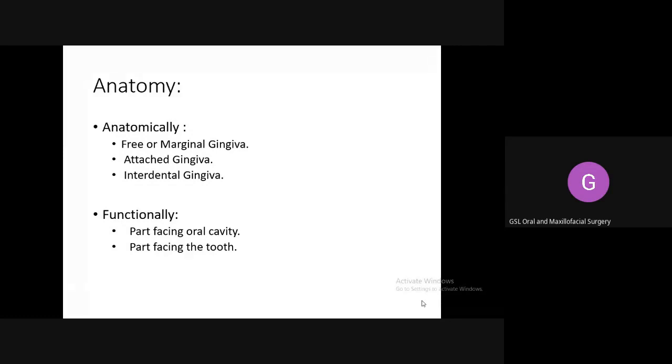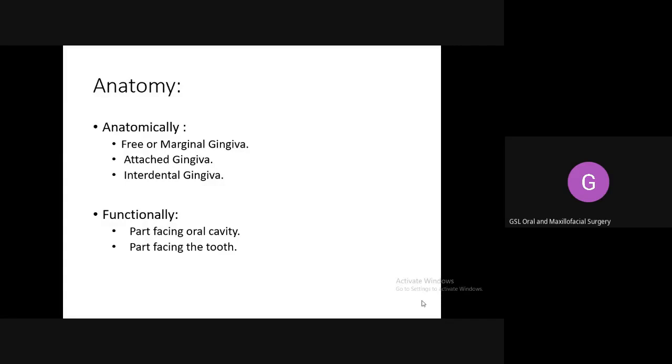I will show you the pictures of how these look. The free gingiva is not attached; it is free. The attached gingiva is tightly attached to the underlying mucoperiosteum. And the interdental gingiva is the gingiva present between the teeth. So these are the basic parts of the gingiva anatomically.